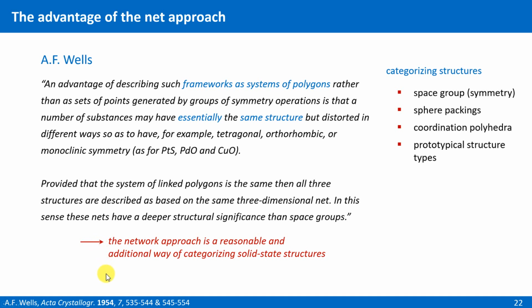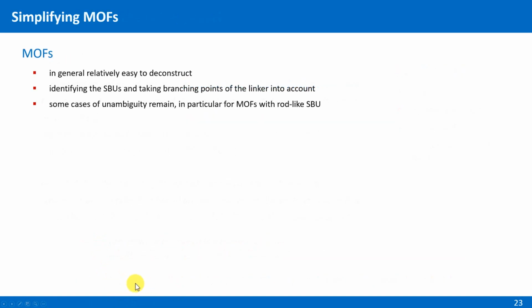And this statement is in particular valid for framework compounds with directed and strong bonds. Yeah, and this is of course exactly the reason why the network approach was reinvented or rediscovered by the metal-organic framework community. So let's look at how metal-organic frameworks are turned into their underlying nets.